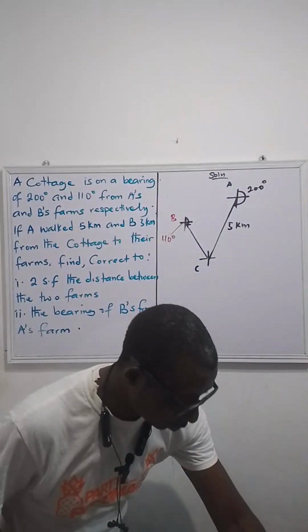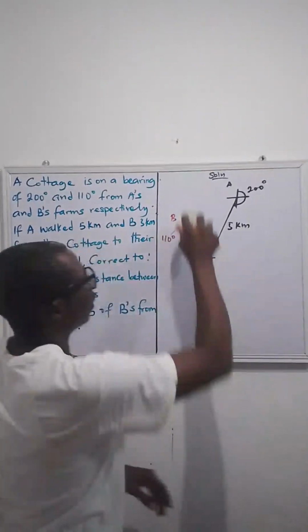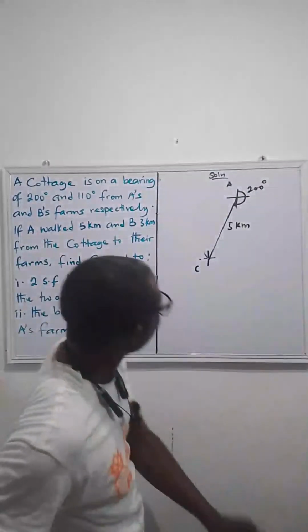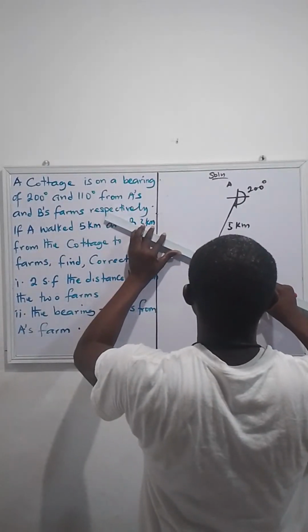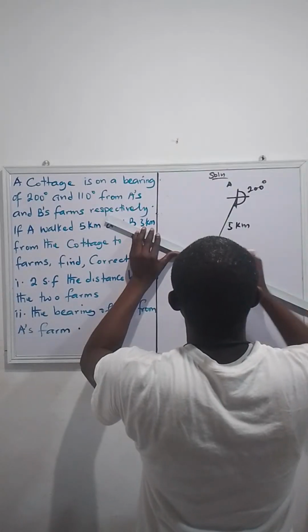So that should be our sketch, because we have a very small angle. All right, so let me draw it this way. So tilt towards this.